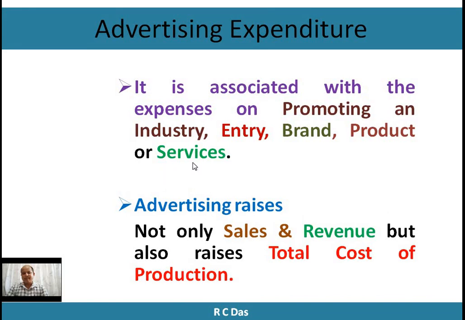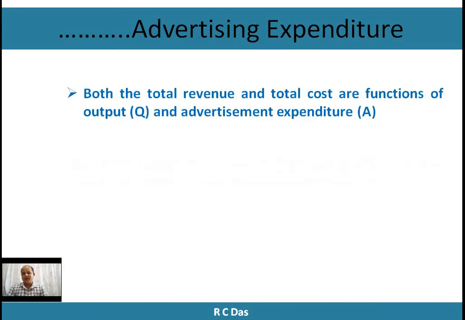Advertising raises not only sales and revenue but also the cost of production. That is why revenue and cost both are functions of their determinant variables, output and advertisement expenditure.